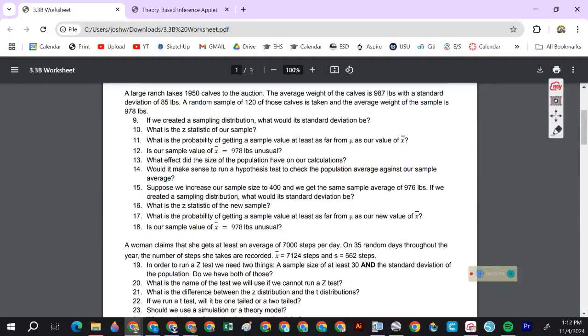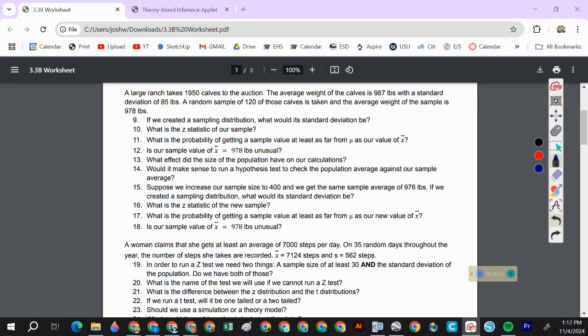So let's go down here. Would it make sense to use this number to tell if that is true? No. Why? It is true. Right? 987 is a parameter. That is mu.